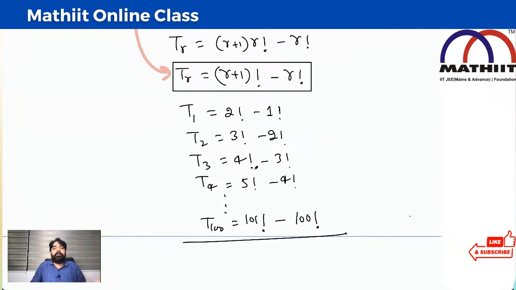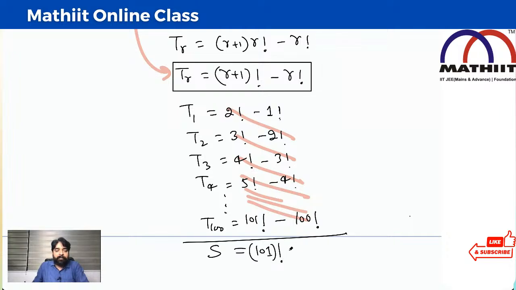To add this complete series, if you add it, you can see very clearly this will get cancelled, this will get cancelled, this will get cancelled. Like this, all of this will get cancelled. So what will be left? Only this will be left and this will be left. The sum will be 101 factorial minus 1 factorial. 1 factorial means 1. This is the answer.